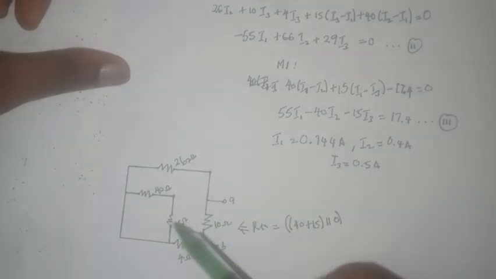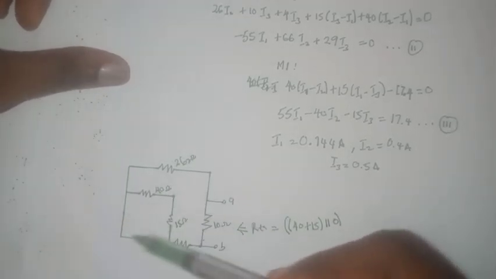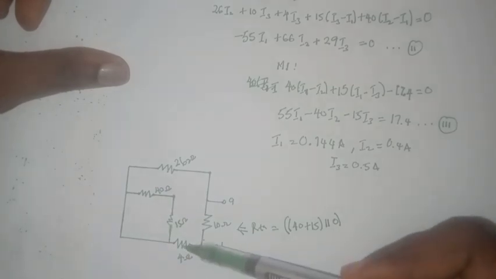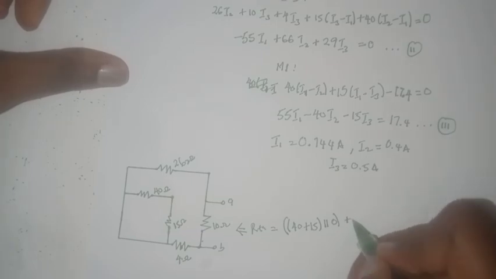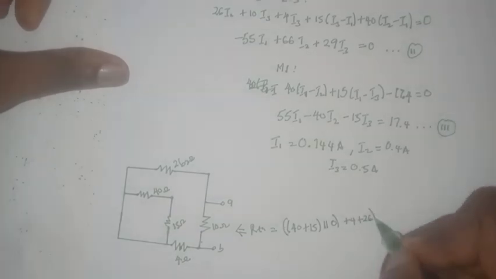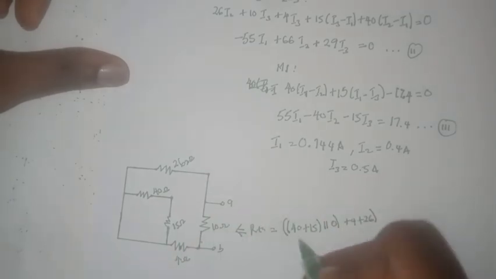Then we have this setup in series with this 4 ohm resistor and this 26 ohm, so we have plus 4 plus 26. Then everything would be in series with this 10 ohm, in parallel with this 10 ohm resistor.